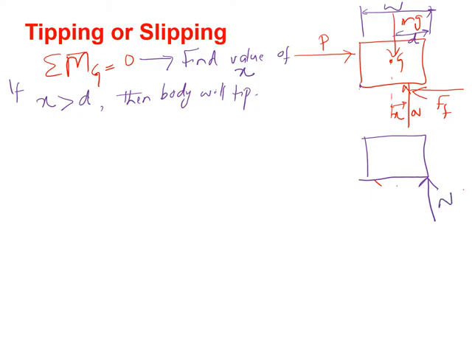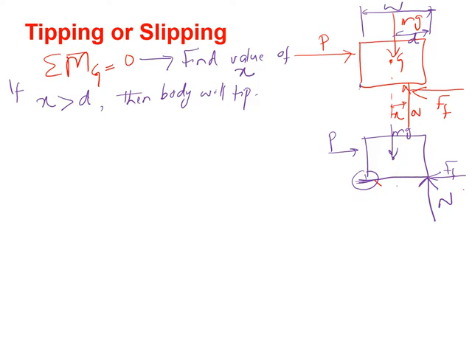N will act at point D or at the edge, and this is your friction force. This will be your weight mg, and this will be your point P. This means that this portion is slightly above the surface on which this rigid body is in contact. So the total normal force will now act at the edge of the rigid body.